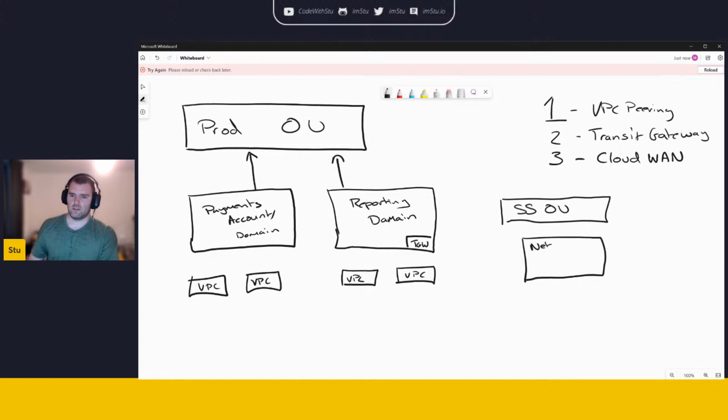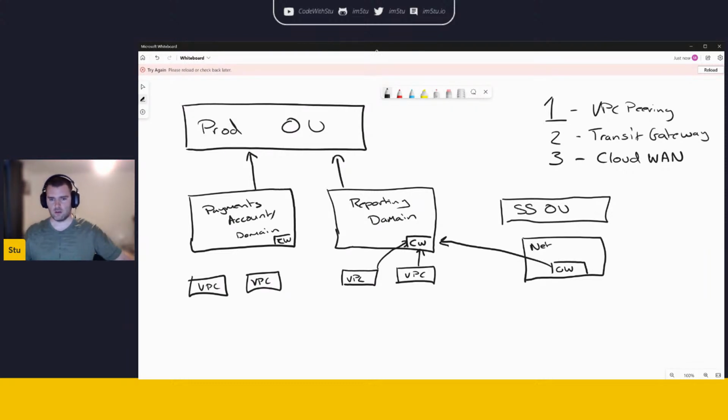Cloud WAN is essentially transit gateway on steroids. We'll call this CW, and it basically acts in the same way. The VPCs will connect to Cloud WAN. The Cloud WAN will be shared out from the network services to each of the accounts.